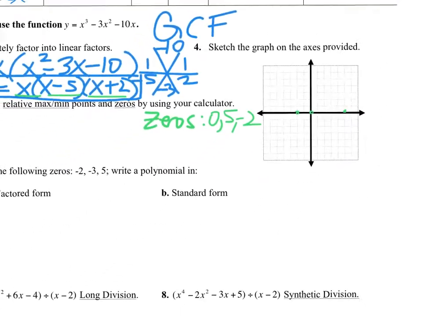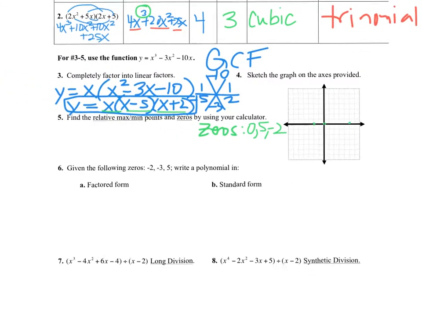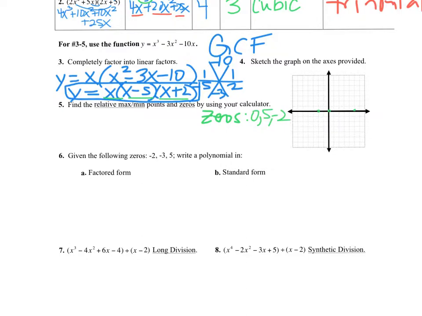So let's go ahead and graph this. We're going to go to our calculator. Hopefully your calculators are in working condition. Do you have your plots on or off? Turn the plots off. You don't need them.